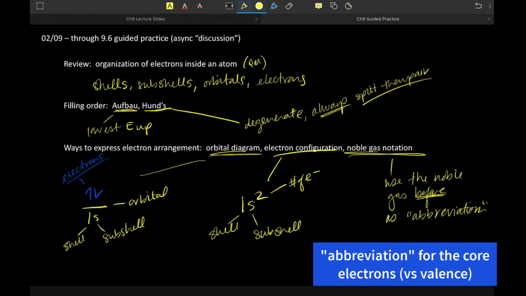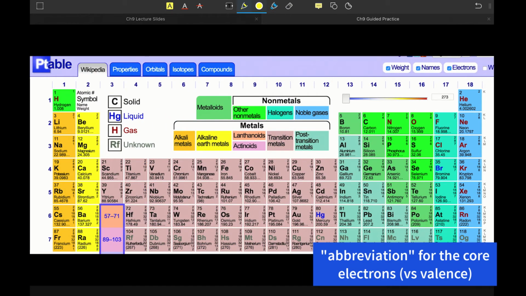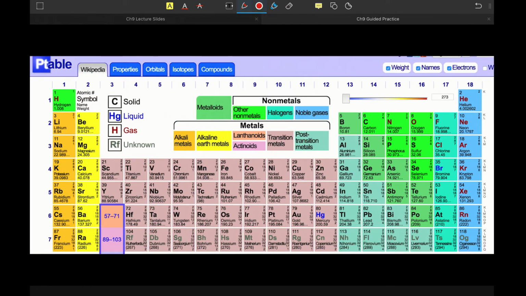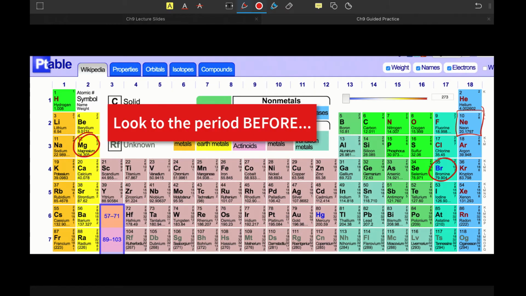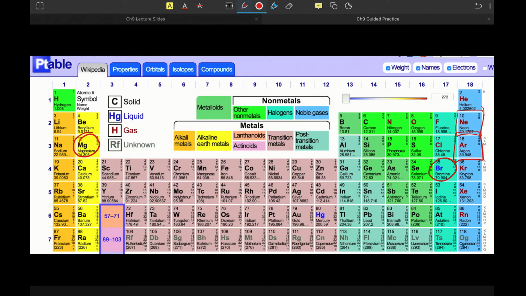For example, if I wanted to do noble gas notation for magnesium, I would use the noble gas that came before it, which would be neon. For bromine, I would use the noble gas that came before it, which would be argon. So whichever was the noble gas before that element. That means argon is the noble gas for all the elements in that period. Does that make sense?